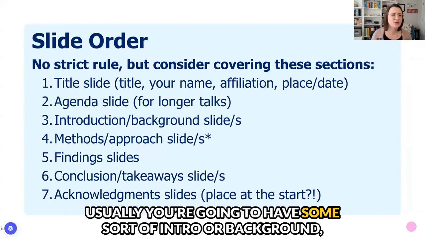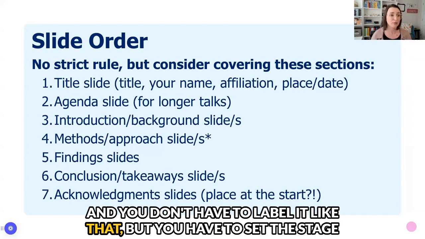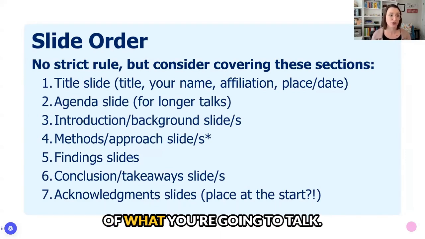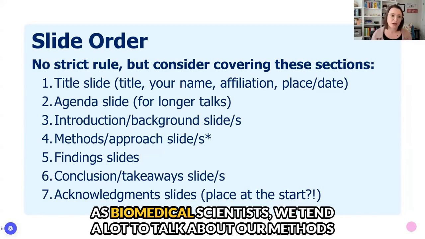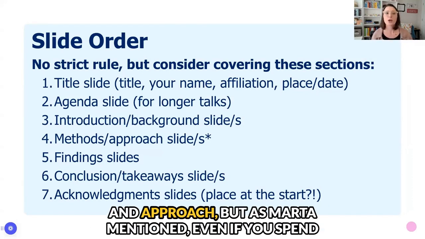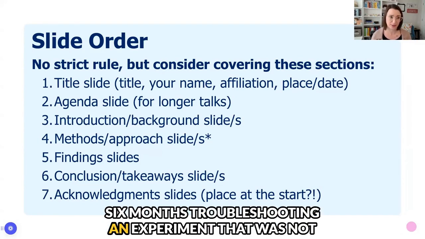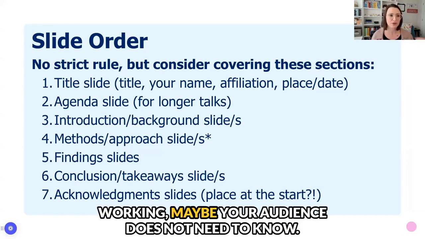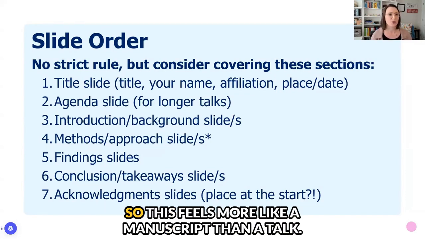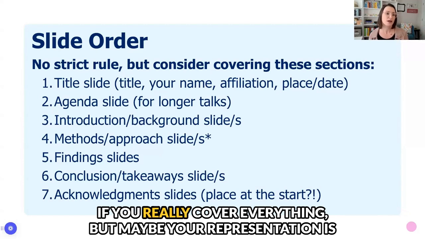Usually you're going to have some sort of intro or background, and you don't have to label it like that, but you have to set the stage of what you're going to talk about. As biomedical scientists, we tend a lot to talk about our methods and approach. But as Marta mentioned, even if you spend 6 months troubleshooting an experiment that was not working, maybe your audience does not need to know. So this feels more like a manuscript than a talk if you really cover everything.